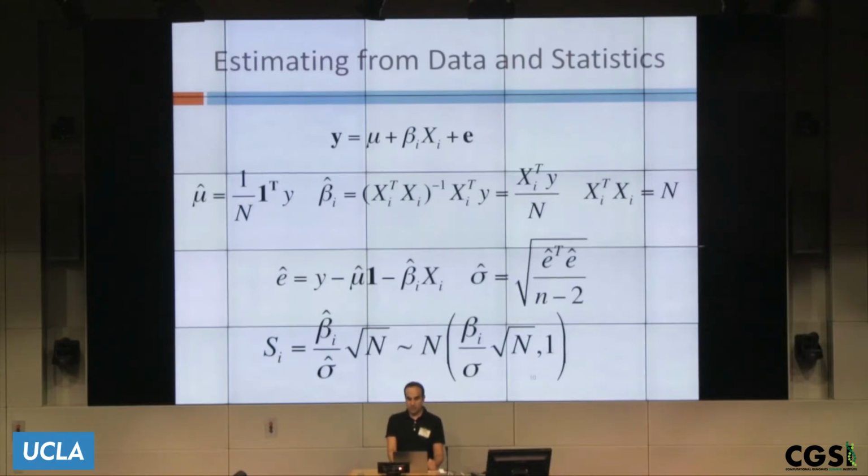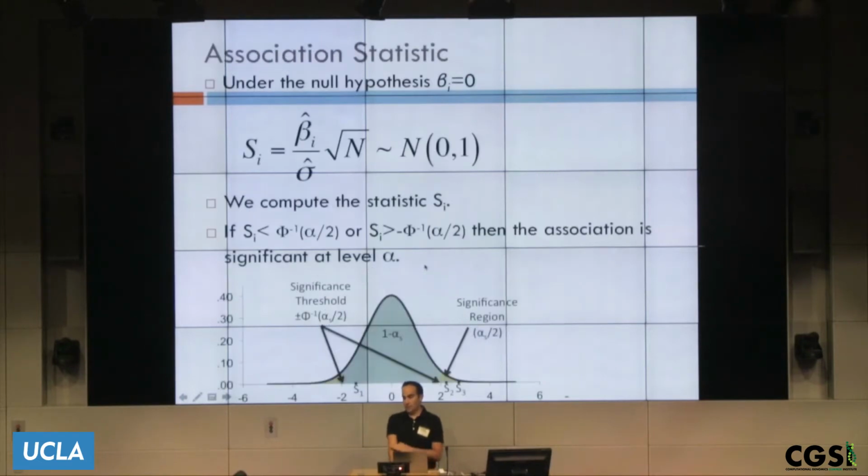So using the formulas on this page, you can take real data and compute these statistics. And under the null distribution that beta is equal to 0, it's going to follow the normal distribution. Then you can compute the statistic and measure to see if it is significant.